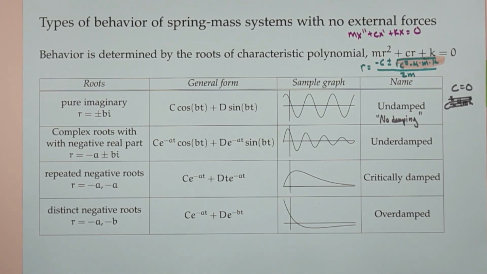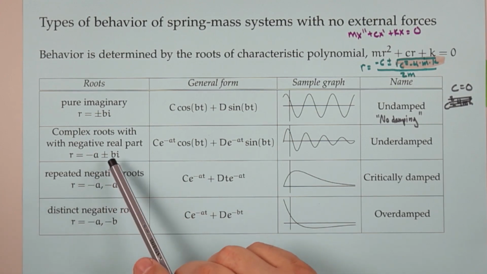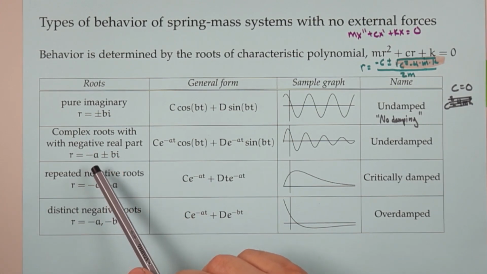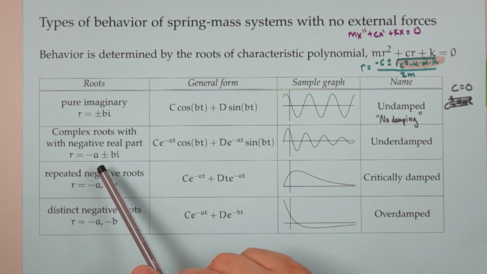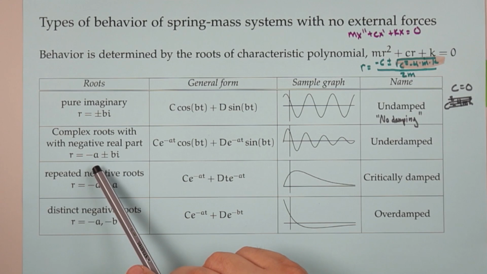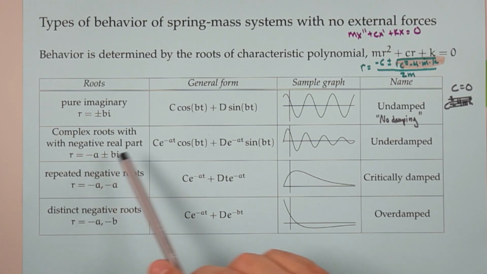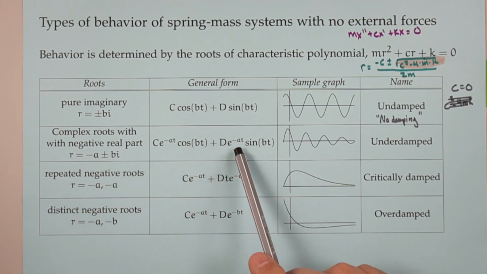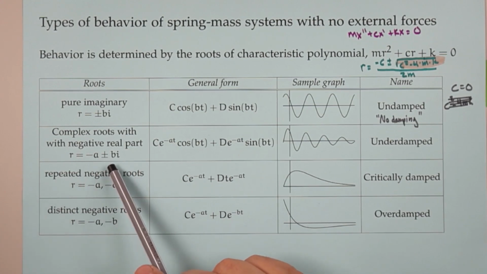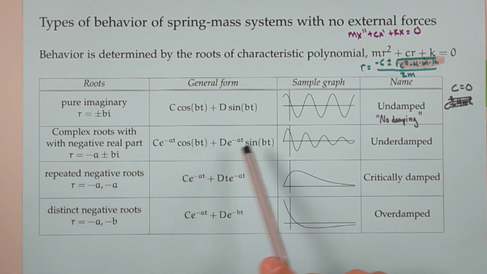Now, the next part. Suppose you have complex roots and a negative real part. We'll never have a positive real part because that would be something blowing up. So the real part of our root, the minus a, goes into the exponential function. The imaginary part, the b, goes into the trig functions.